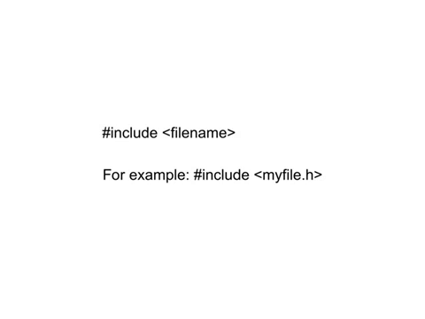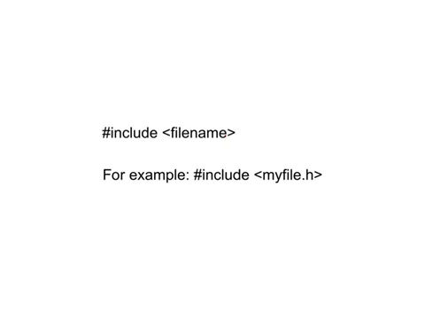So when you are using C, the way that you include a file is you first of all put a pound character, then you write the word include, then you put a less than sign, then you specify the exact file that you want to include, and then you put a greater than sign.